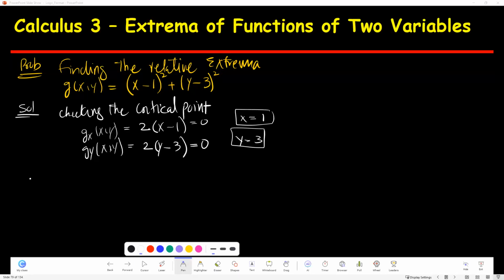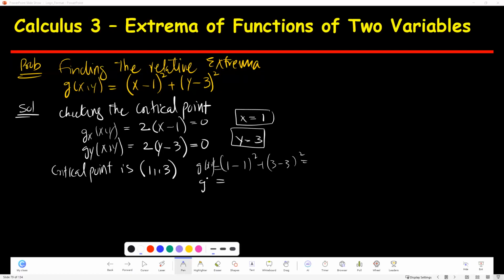So the value of my critical point is 1 and 3. If I substitute this critical point, 1 and 3, into the function, I'm going to say 1 minus 1 squared plus 3 minus 3 squared equals my function, which is my gxy function, and gxy should be equal to 0.